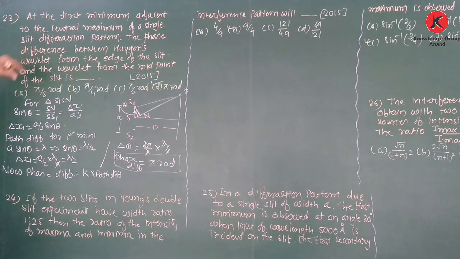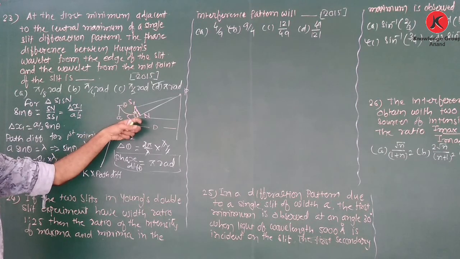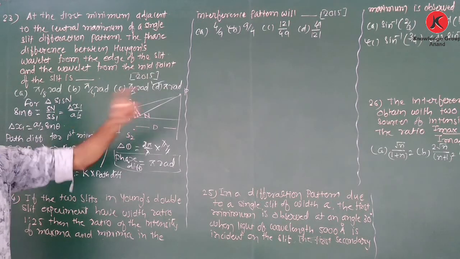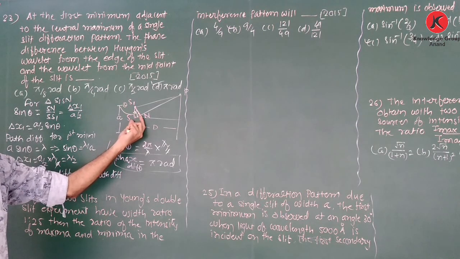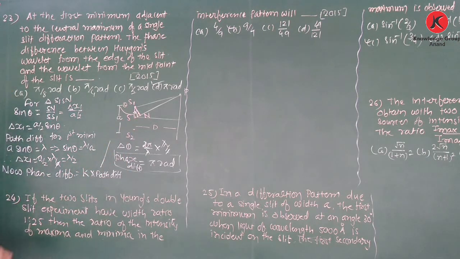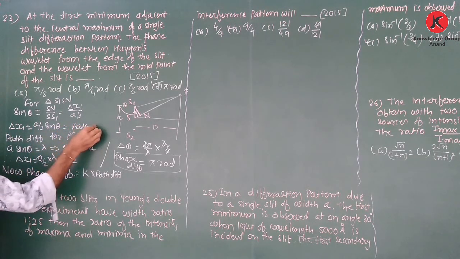Again, here we consider the triangle S1 S N, right? Because we have to find out the phase difference between the two Huygens wavelets, one from the edge of the slit and second from the center of the slit at point P. So first we have to find out the path difference S N. Path difference delta x is equal to a by 2 sin theta.